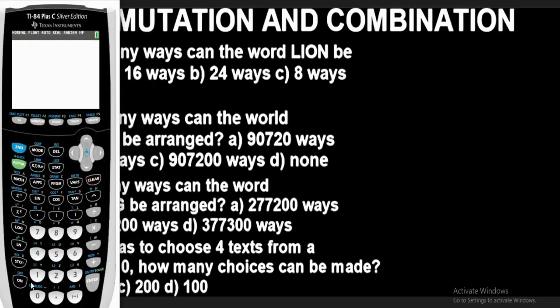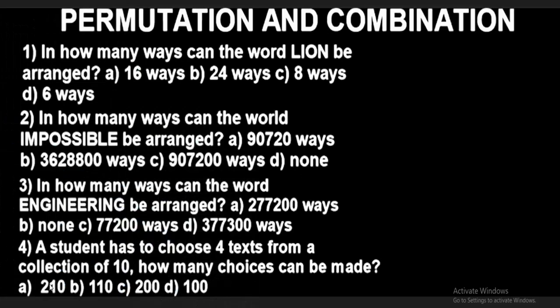So it will be 10 combination. You press alpha window. Combination is now option 8. 10 combination 4. That's it. Then press enter. So you see 210 choices can be made. That's option A.